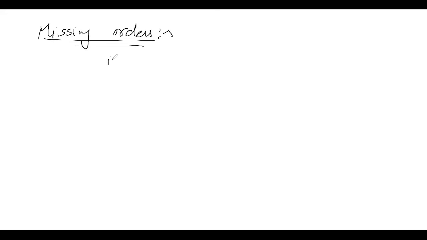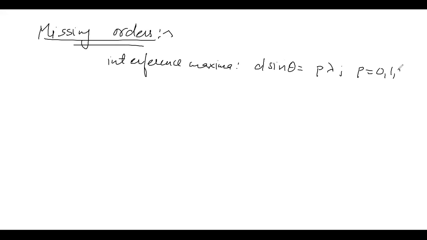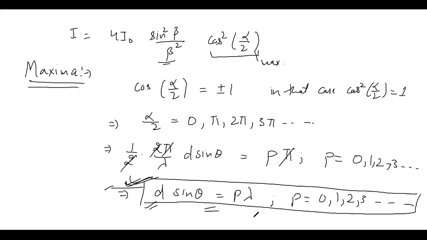When you have the interference maxima, which basically says that d sin theta is equal to p lambda, where your p can take values 0, 1, 2, 3, and so on, which is your this condition.